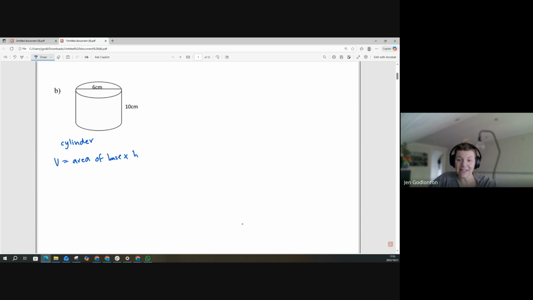And what is the area of a circle? How do we work out the area of a circle? Now we're really pulling on your grade 9 knowledge. Pi r squared. Good.